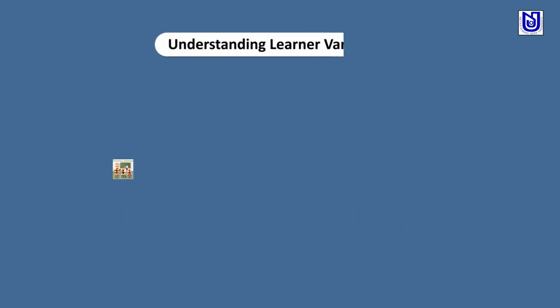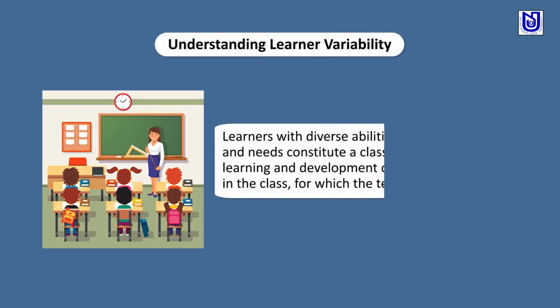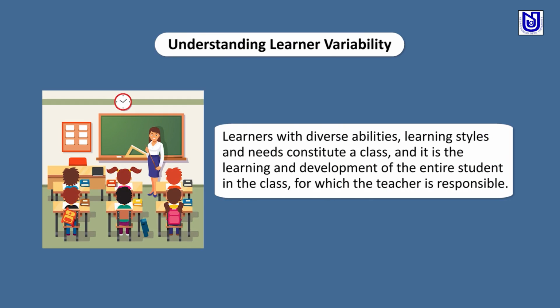Understanding learner variability means learners with diverse abilities, learning styles, and needs constitute a class, and it is the learning and development of all the students in the class for which the teacher is responsible.